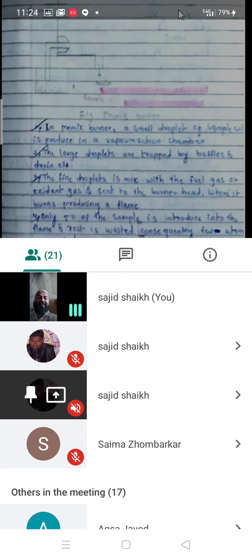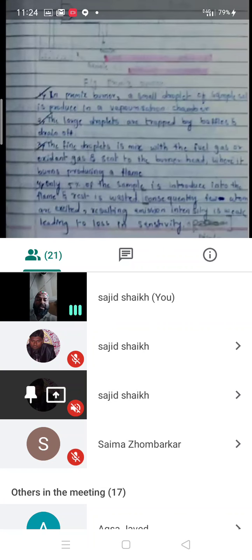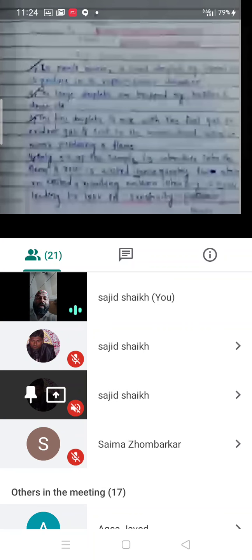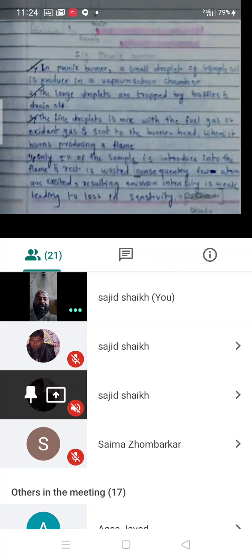The fine droplets are mixed with the fuel gas and oxidant gas and sent to the burner head where it burns producing a flame. Only 5% of the sample is introduced into the flame and the rest is wasted. Consequently, few atoms are excited, the resulting emission intensity is weak, leading to a loss in sensitivity. It is not that sensitive.